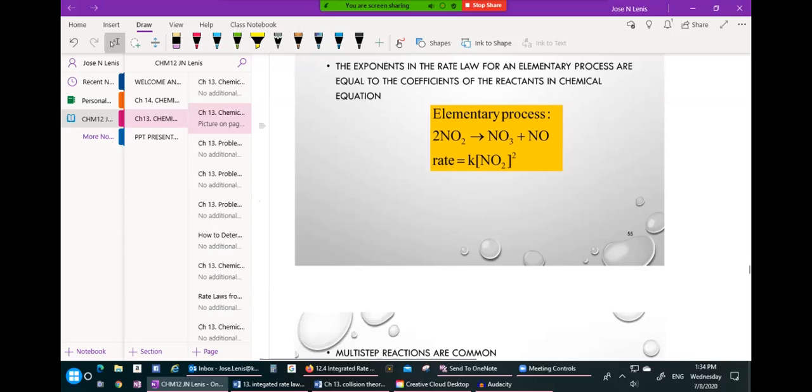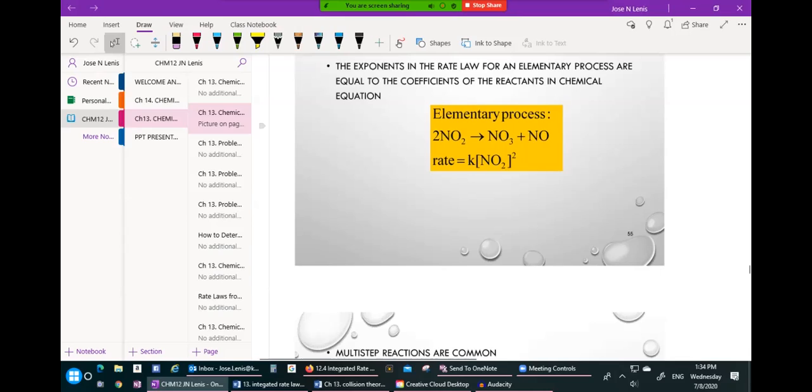When you write the rate law for an elementary process, or elementary step like this one, remember, we write the rate in terms of concentration of reactants, as we have been doing before.